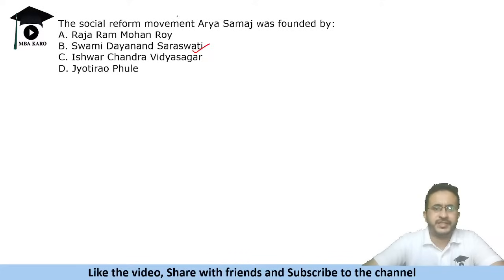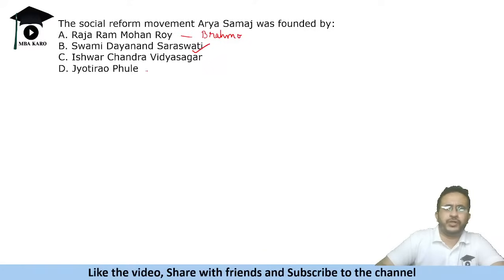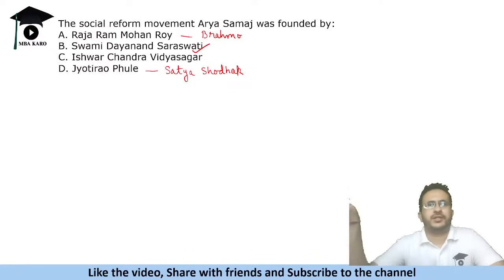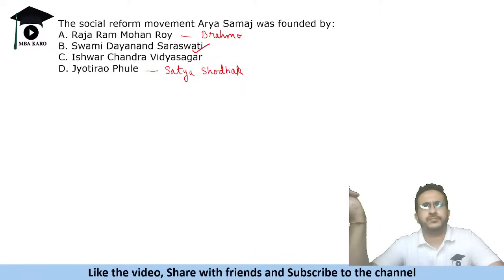Raja Ram Mohan Roy started Brahmo Samaj. Jyotirao Phule and Savitribai Phule started Satya Shodhak Samaj, and Ishwar Chandra Vidyasagar's contribution was mainly for widow remarriage.